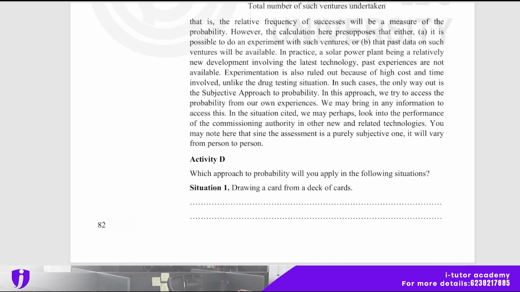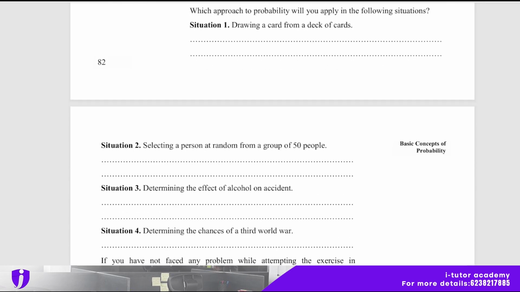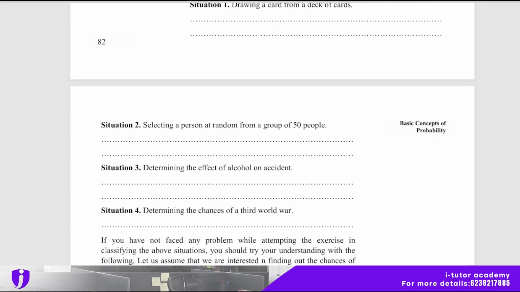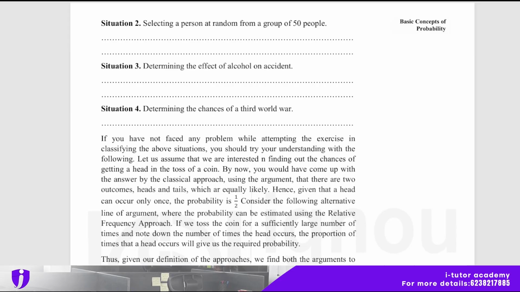So there is a situation and there is an event, and the probabilities are found based on the experiment and event. And solutions 1, 2, 3 are there, and a fourth solution may also be there. If you have not faced any problem while attempting the exercise in classifying the above situations, you should test your understanding with the following.